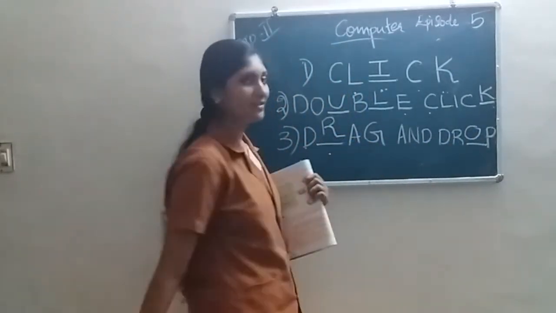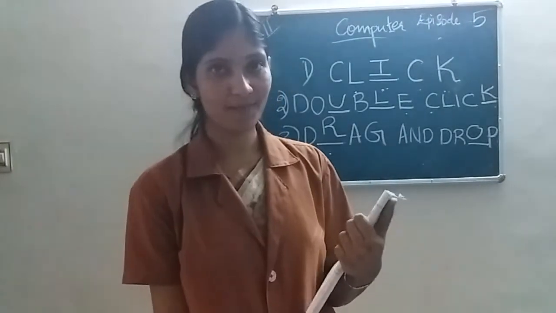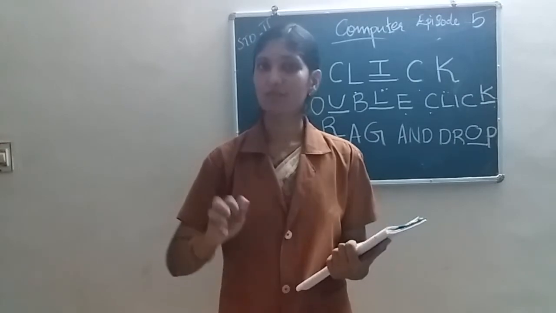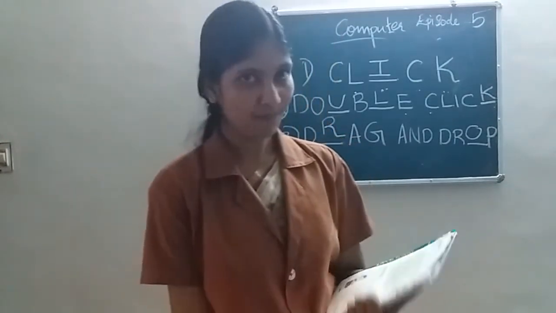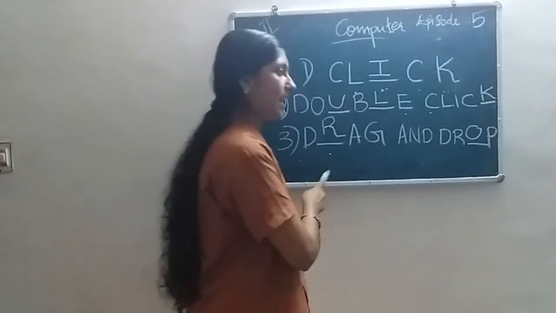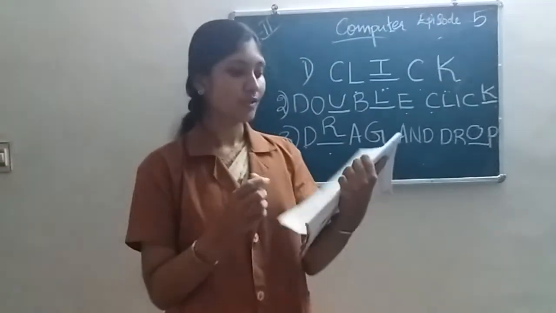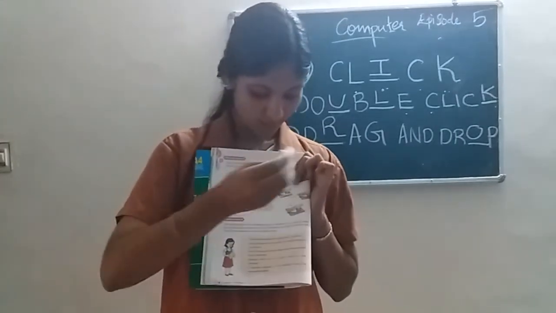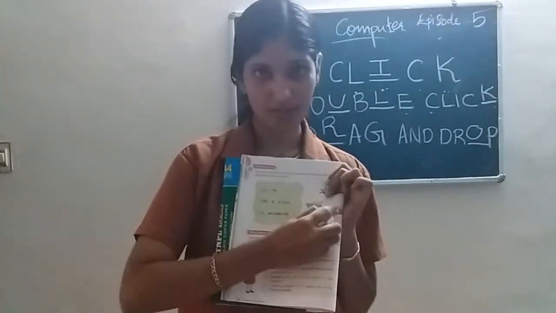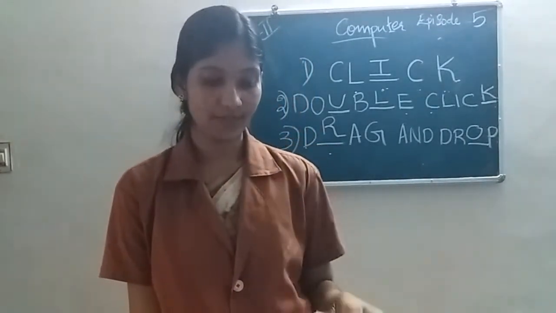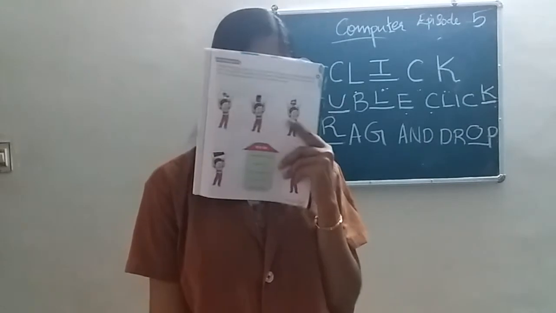Drag and drop. Drag and drop means what? Dragging is the process of just press the left button. Just hold down the left button and move the mouse. That is dragging. And that action is known as drag and drop. Okay. So, what is the picture here? We can match this to this picture. Drag and drop. Okay.